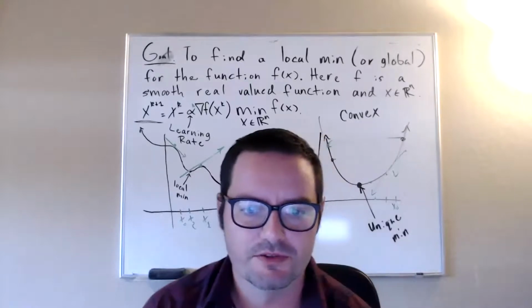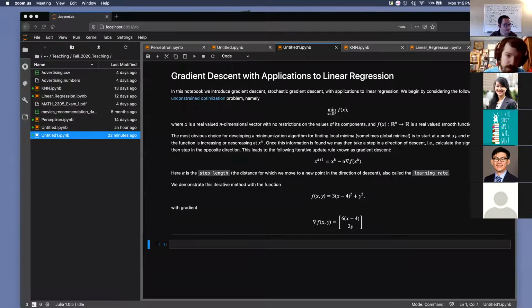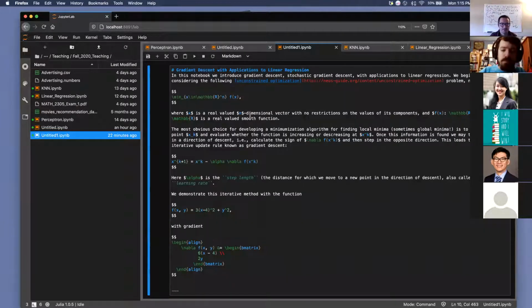So let me share my screen here. Okay, so here I started a Jupyter notebook, and I've had a few questions about how your Jupyter notebook should look. Well, look at this markdown code here.